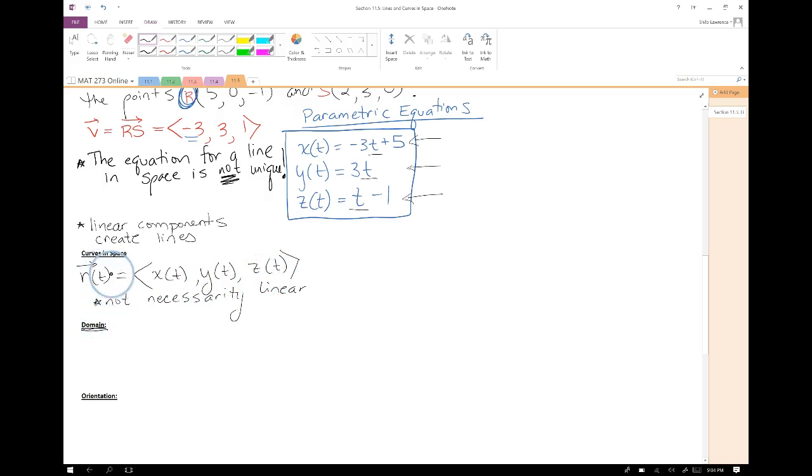So when we calculate the domain for a vector-valued function, we really have to calculate the domain of each of those component functions individually. And then we need to see where those three individual domains intersect.